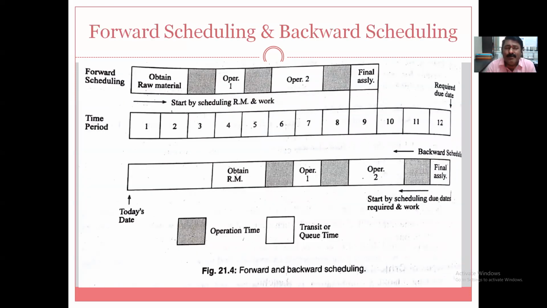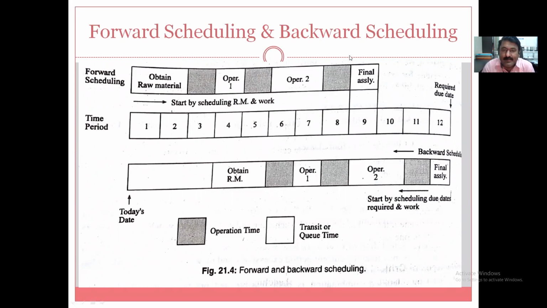Let us have a look just for understanding the concept of forward scheduling and backward scheduling. A very simple concept is there. Forward scheduling: obtain the raw material and start the operations 1, 2, 3, 4, 5, 6, 7, and go for the final assembly.